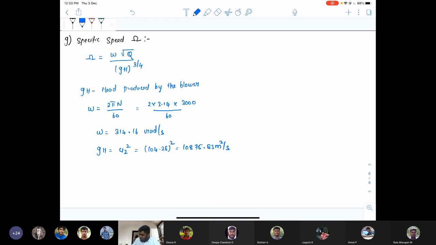Now we have found the value of GH and omega, and substituting these values in this equation you can find the value of specific speed. Therefore, specific speed is equal to omega, 314.16, into square root of 3.333 divided by GH, 10875.83 to the power of 3 by 4.